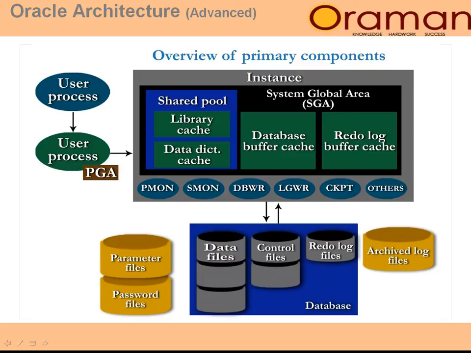In the bookish way, I could go ahead and define what each one is, but that won't give you a good understanding. Rather, I would like to explain this with simple user actions and how these background processes come into play and how the buffer cache will be considered.